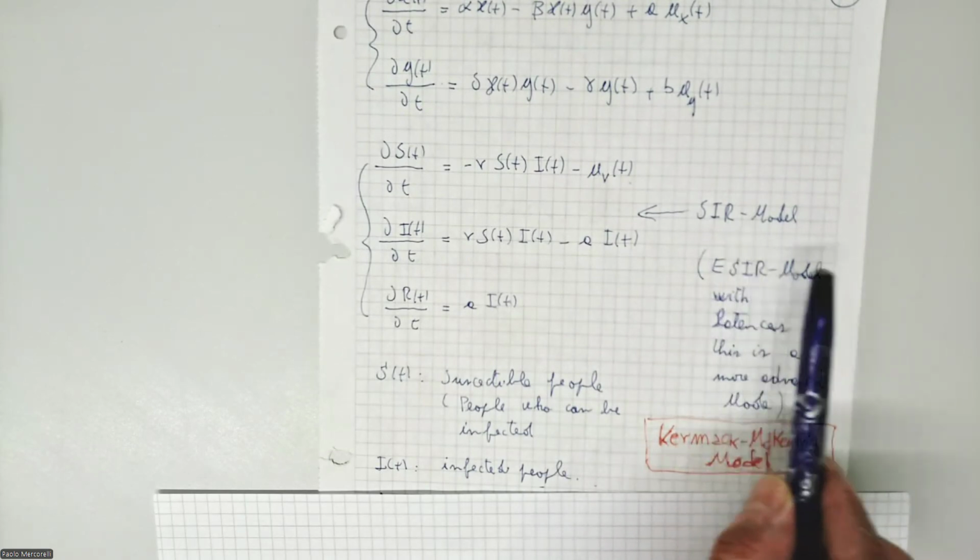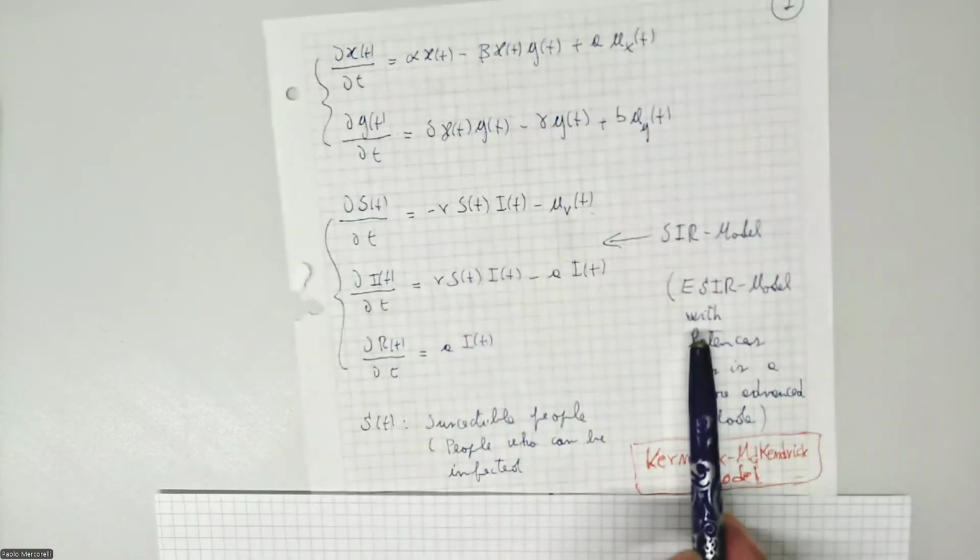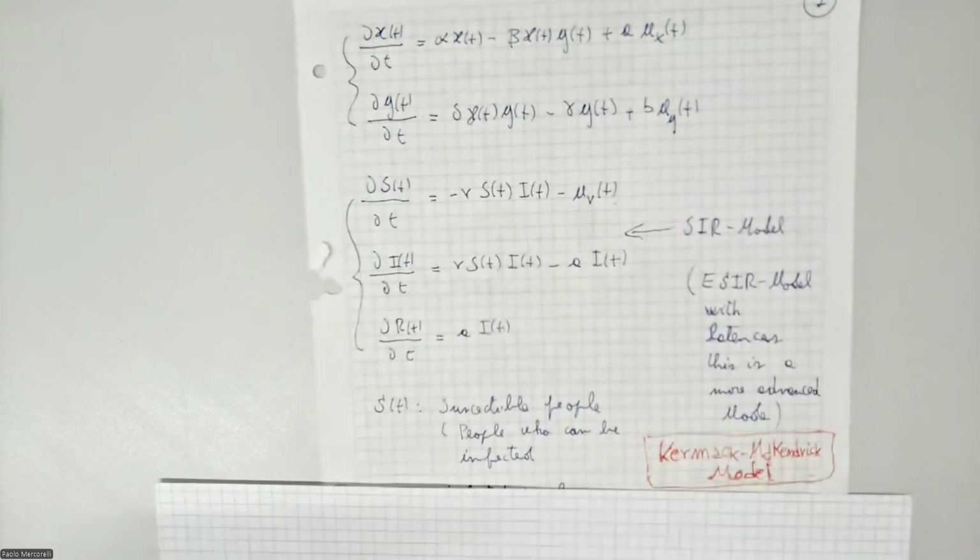The name is SIR, in accordance with the notation, or we can consider the SEIR model, in which we have a latency of infected. Anyway, I don't want to go into depth on this modeling because there are extremely advanced models, but this model is still used. It was one of the first models in epidemiology.